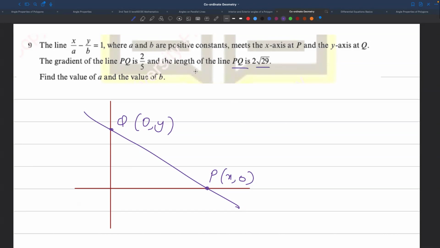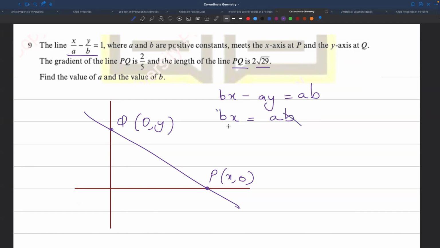Now this line has the equation. Can I simplify it? I can write it as BX minus AY is equal to AB, right? I've taken the LCM over here. Now in this equation, let's put y equal to 0. So if I put y equals 0, I will get bx is equal to ab.